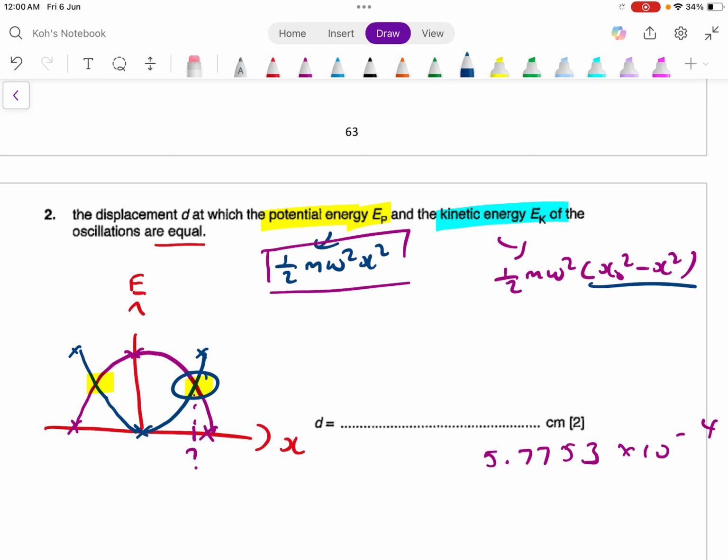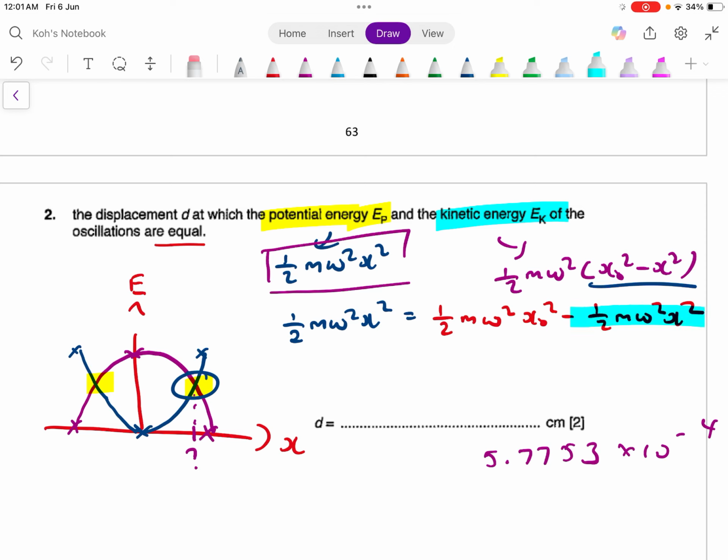So you get half m omega square x square, this one is the PE, and you equate it with half m omega square x naught square minus half m omega square x square. You just move this whole thing to the left hand side.